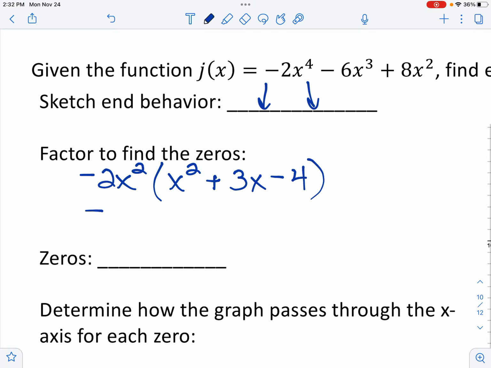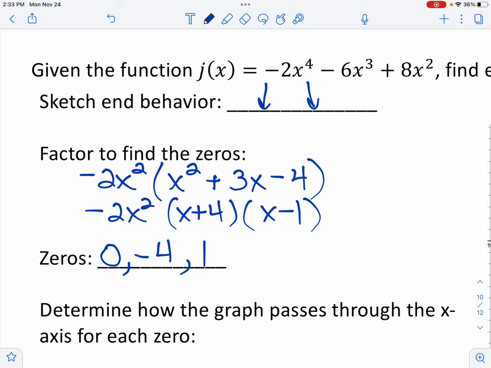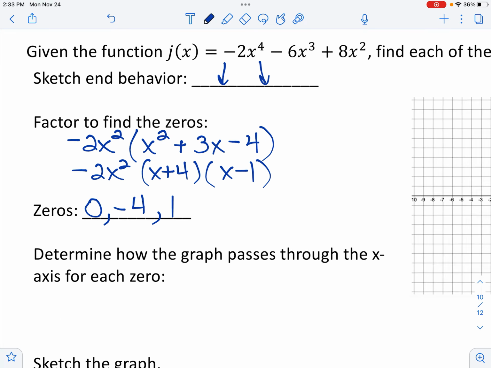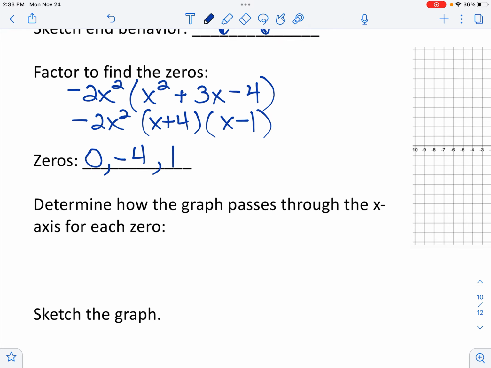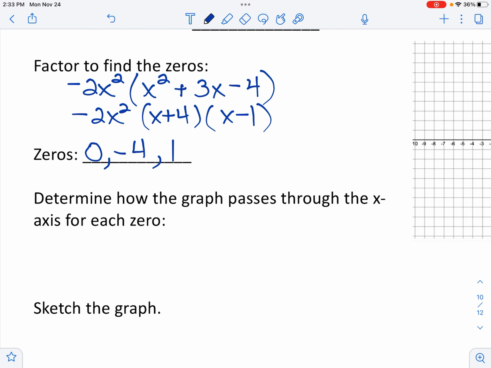Okay. So now I want to factor the quadratic. Two numbers that multiply to be -4 but add up to be 3 would be x plus 4 and x minus 1. So then setting that equal to 0, we would have 0, -4, and 1 would be my roots. Okay. So 0 has a multiplicity of 2 because the exponent is 2 here.